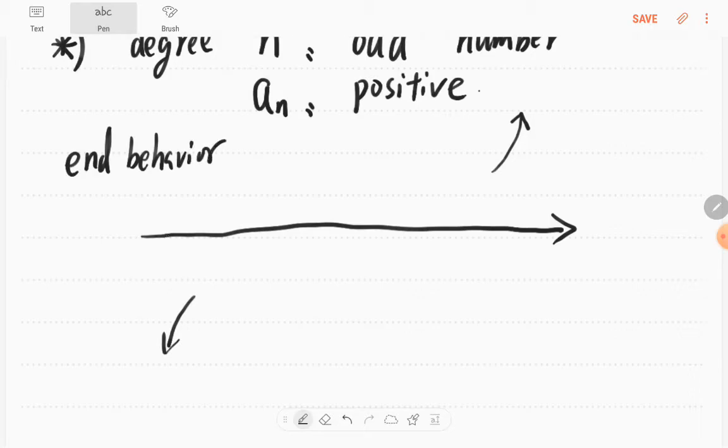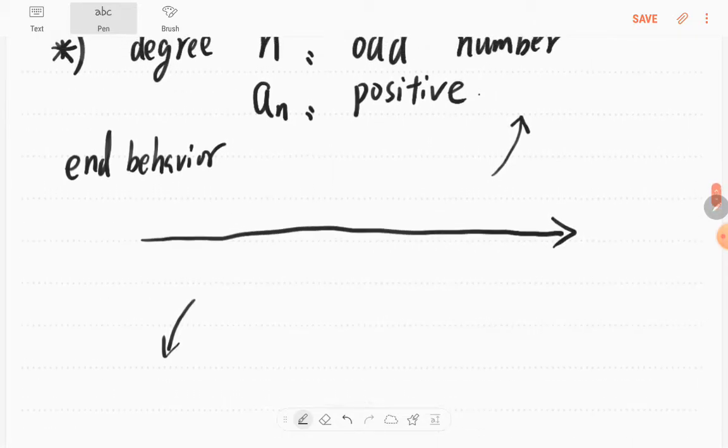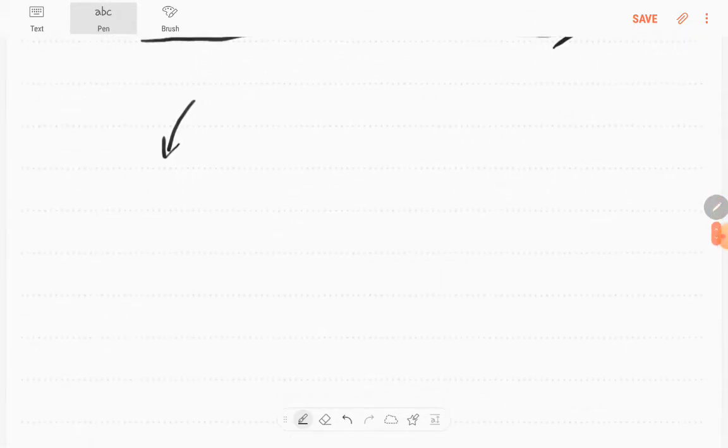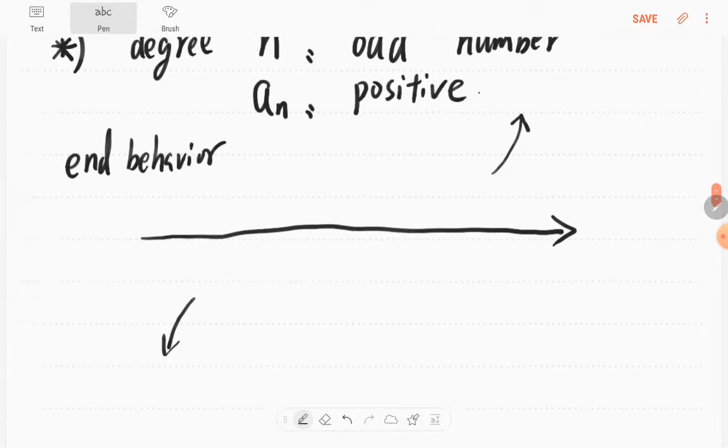When x is very small, then the curve is always below the x-axis. When x is large enough, the curve is always above the x-axis. This is called end behavior. So this is the case for a sub n is positive.